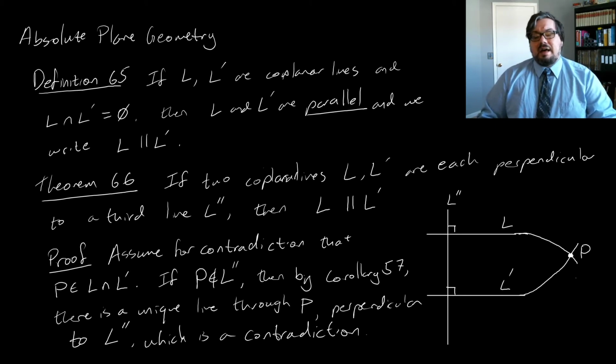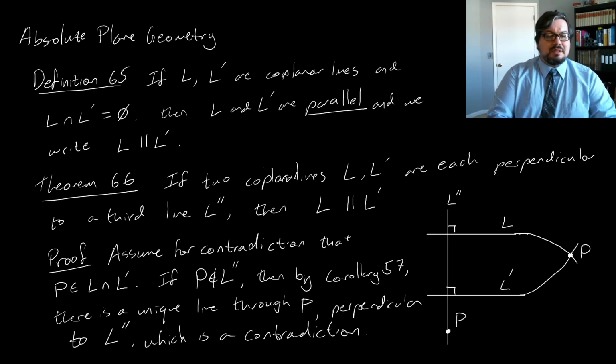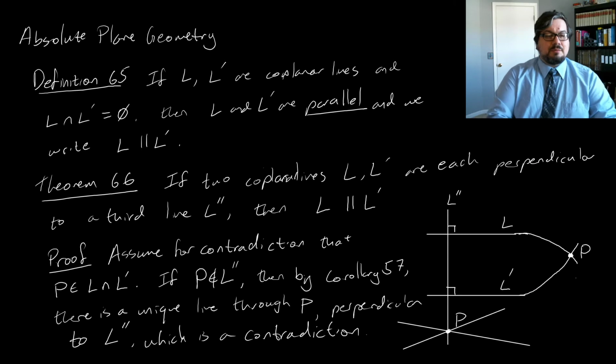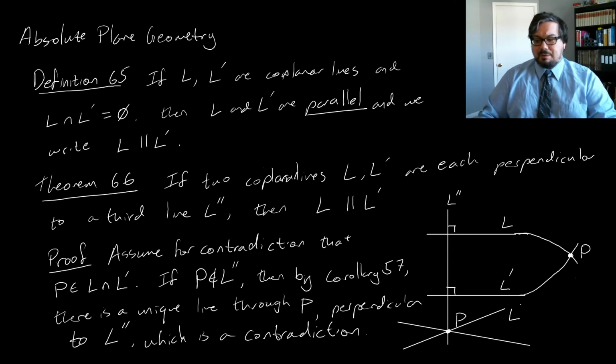And then the case where P actually does lie on L double prime, we won't write this down explicitly, but in this case, we'd have some sort of picture like this, where we've got L and L prime.